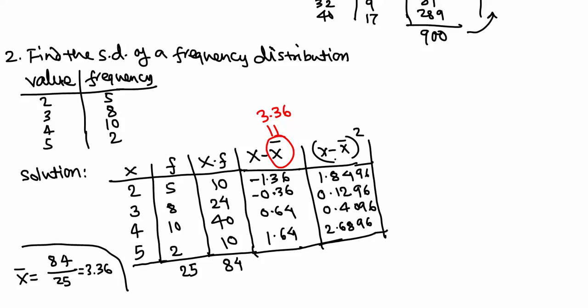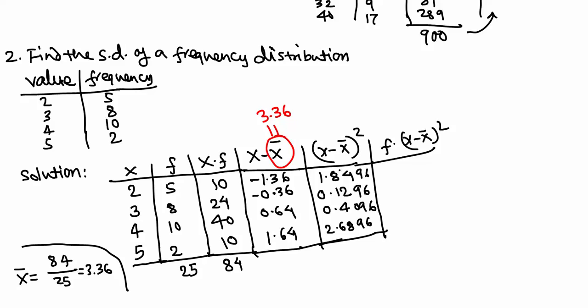Now we would like to multiply these squared deviations by the frequency, because the first deviation comes how many times? 5 times. The second deviation comes how many times? 8 times. So we want to multiply with the frequency, f times this squared deviation.